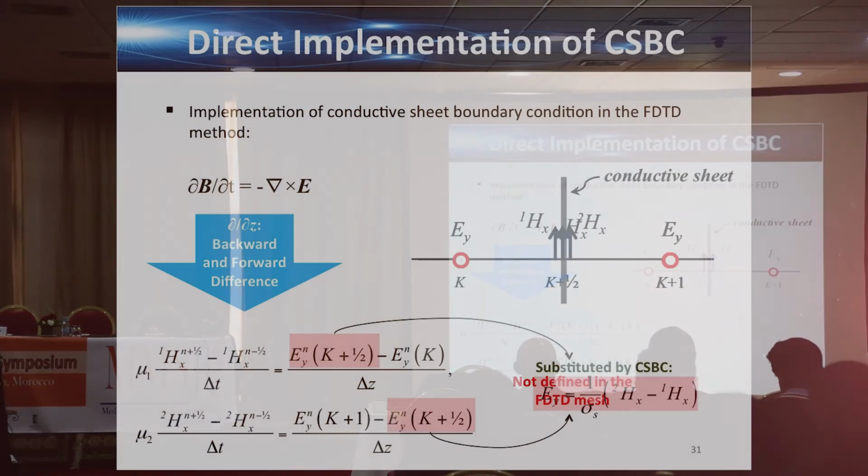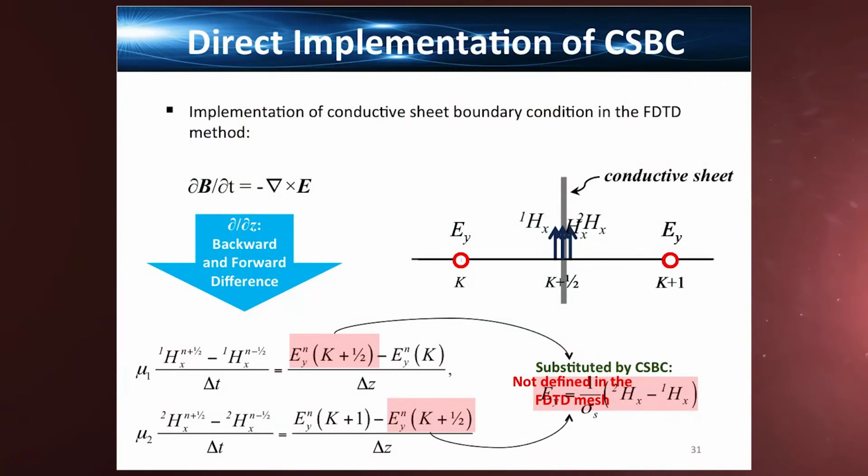And then consider Maxwell's curl equation for E, and discretizing the equation by backward and forward difference scheme, you have a couple of equations for the left side and right side. Here we need the electric field at the sheet, but it is not defined in the E cell.